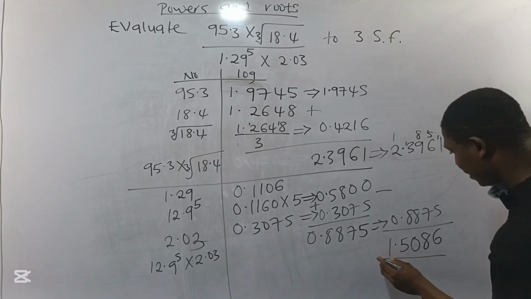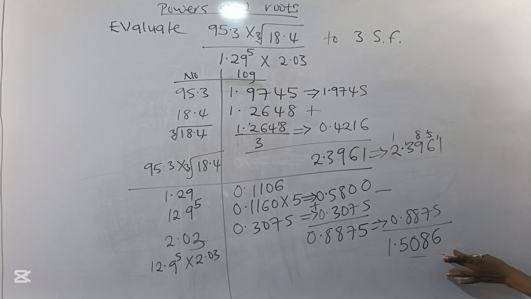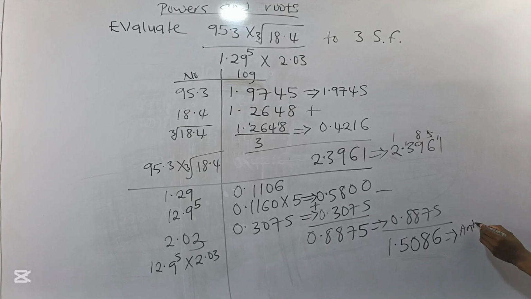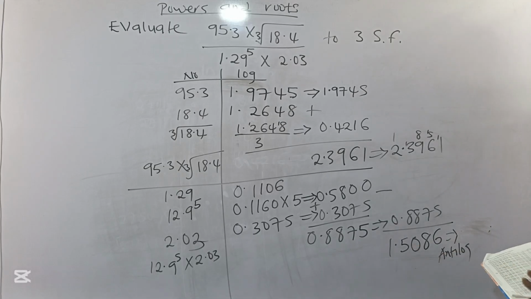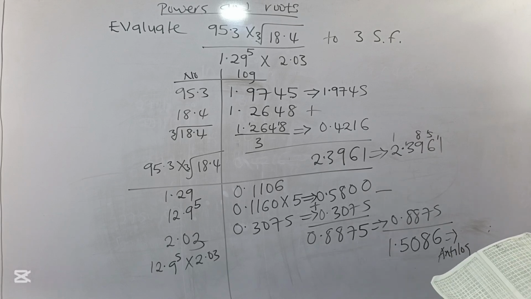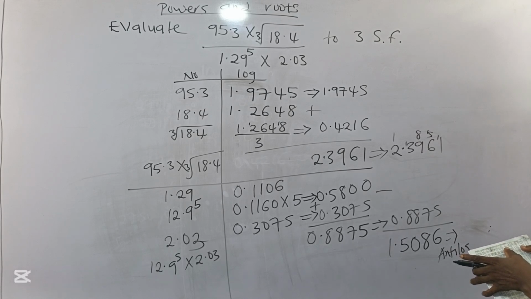And I will now get my anti-logarithm. My antilog will be 50 under 8, difference 6. 50 under 8 is 3221, and difference 6 is 4.